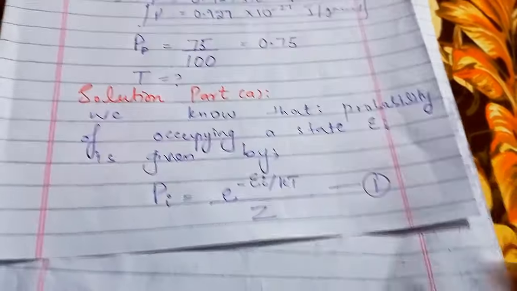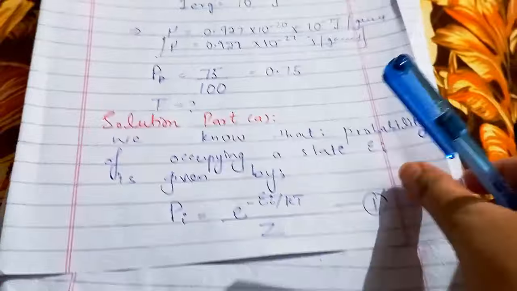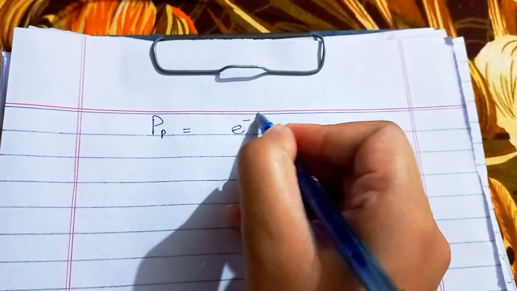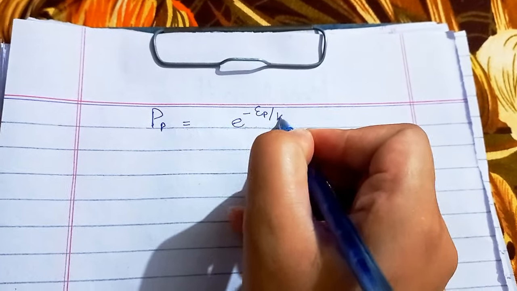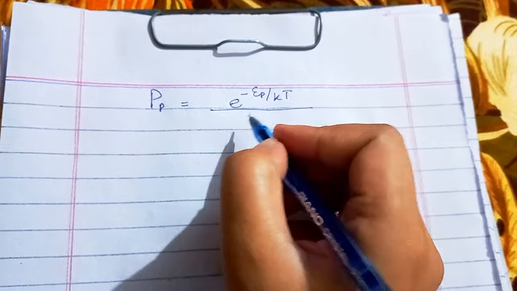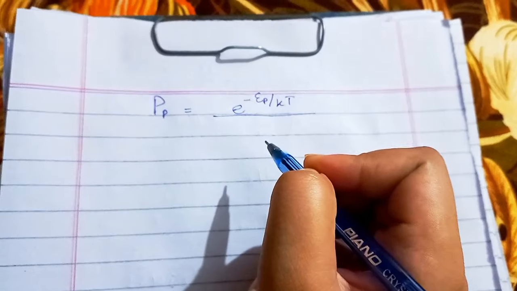Let us call it equation number 1. Now let's put the values right here. Probability for parallel state would be equal to e to the power minus energy of parallel state divided by kBT, kB being the Boltzmann constant, and divided by the partition function.